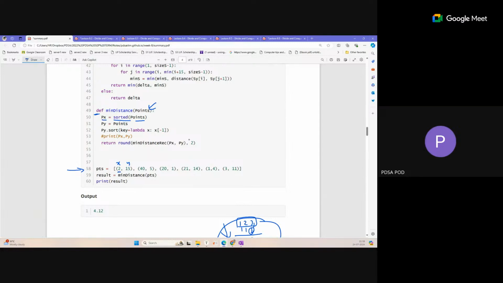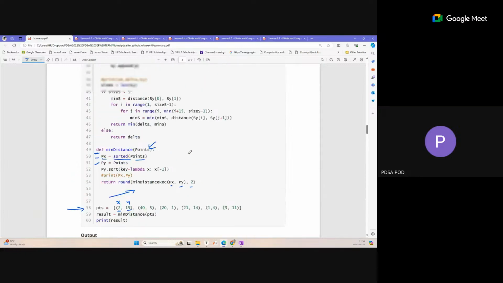So this Px refers to all the points, sorted based on the first coordinate X. Now Py represents the points sorted based on the Y value in increasing order. The points are the same, but we have arranged them in sorted order. So Px and Py, and then we are passing these to our recursive distance algorithm.